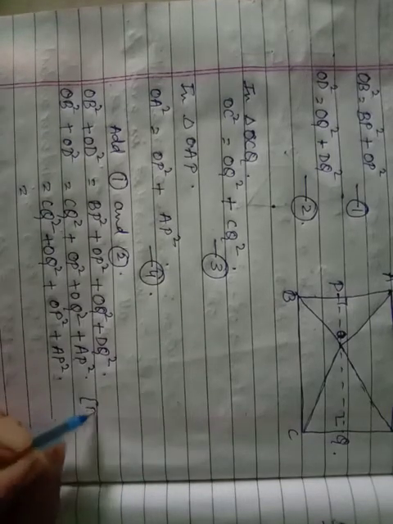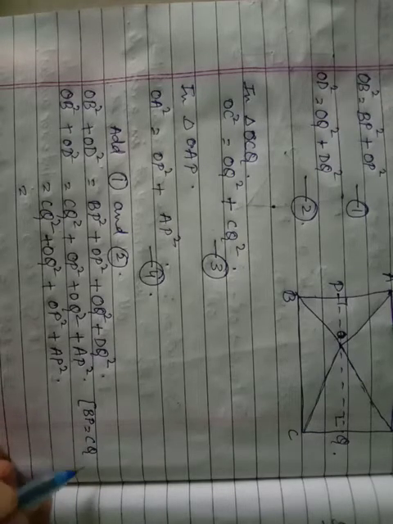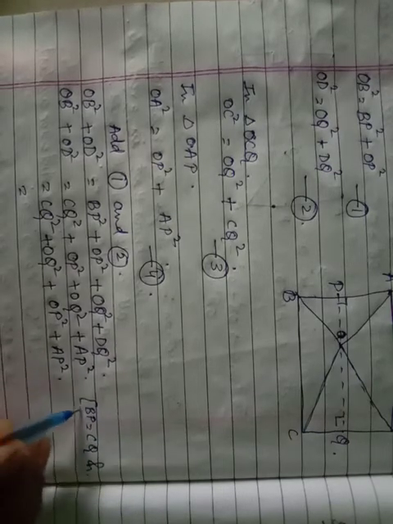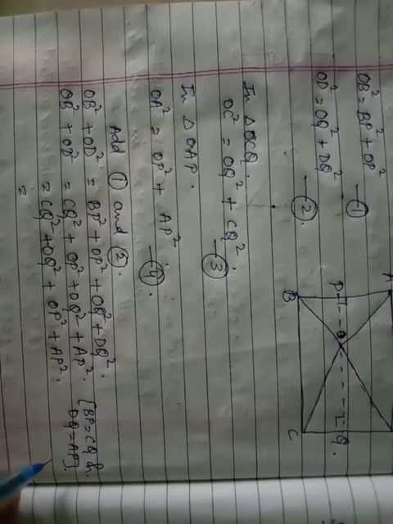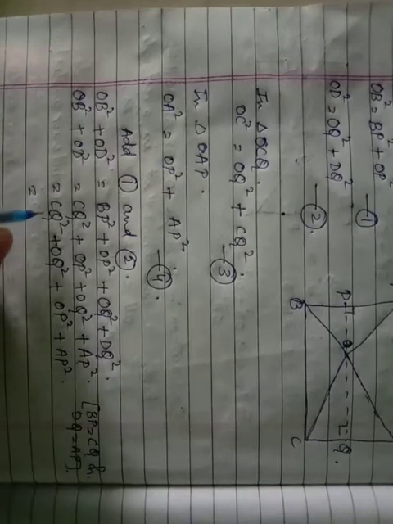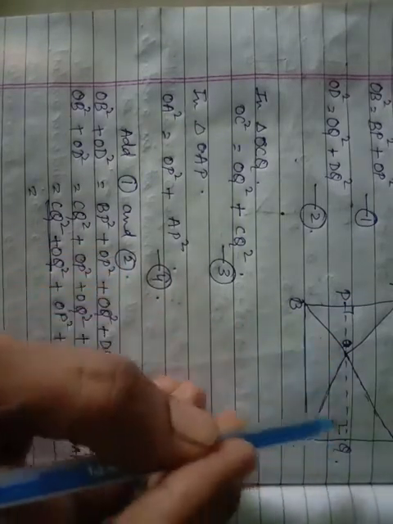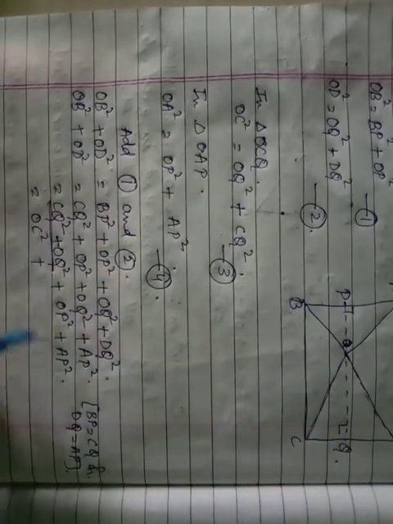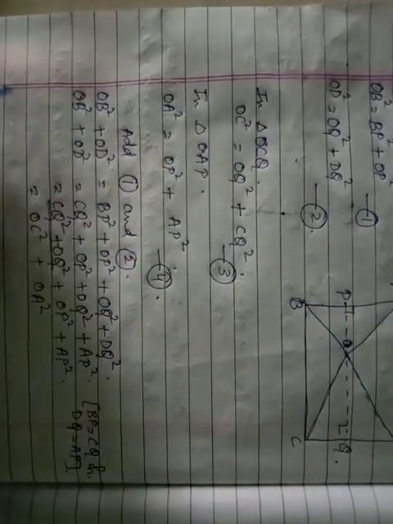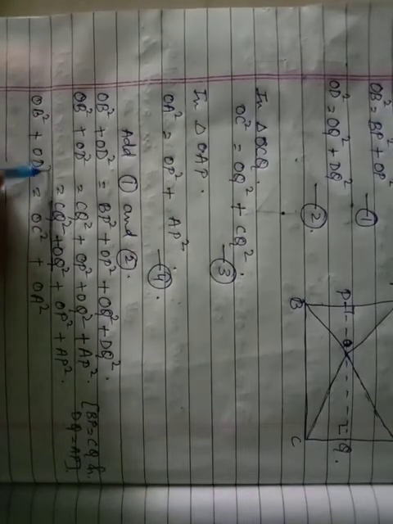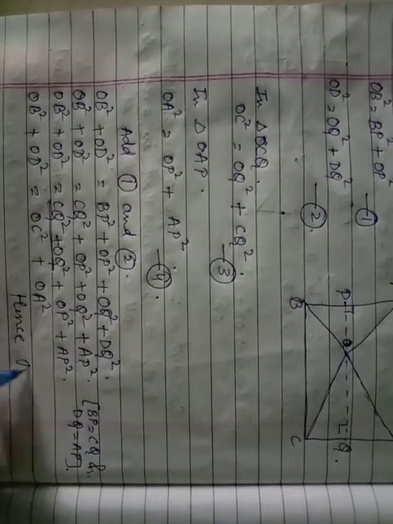Here we have to mention that BP is equal to CQ and DQ is equal to AP, because these are the sides of the rectangle. So we are writing CQ square plus OQ square, which is OC square, and OP square plus AP square is OA square. This is what we need to prove. Hence proved.